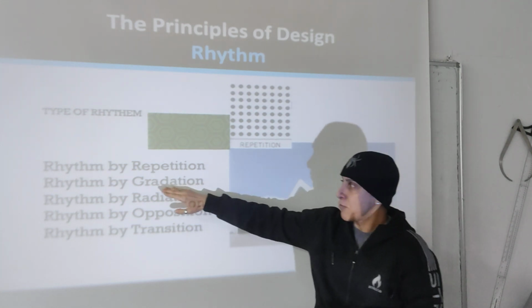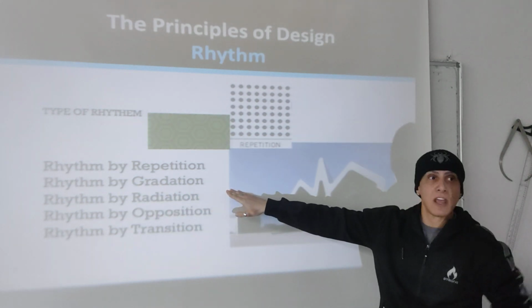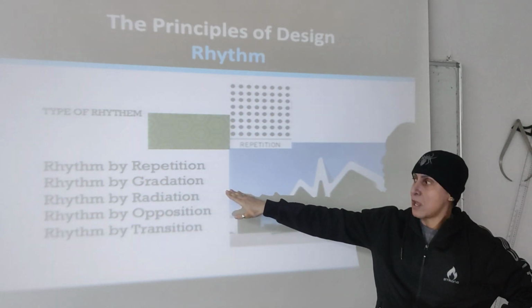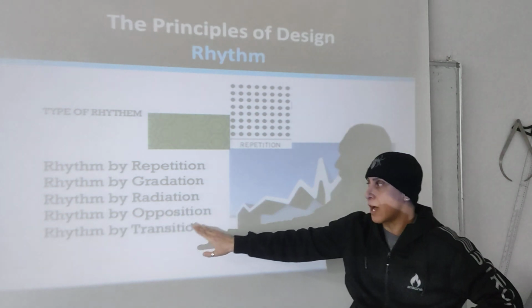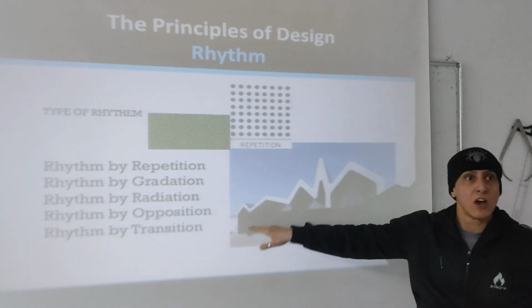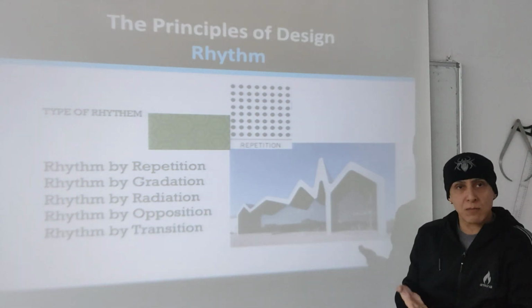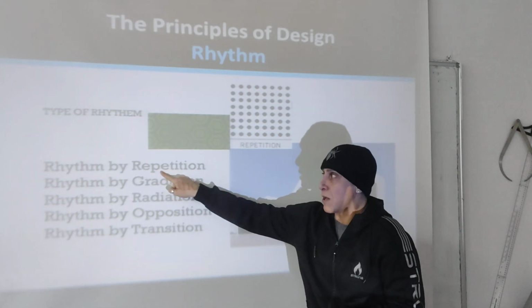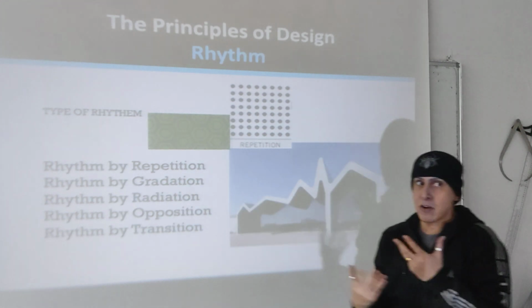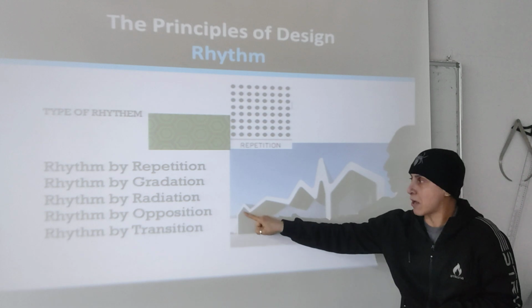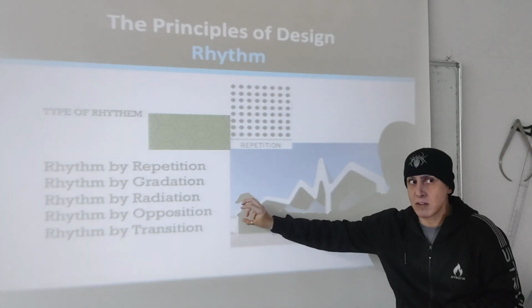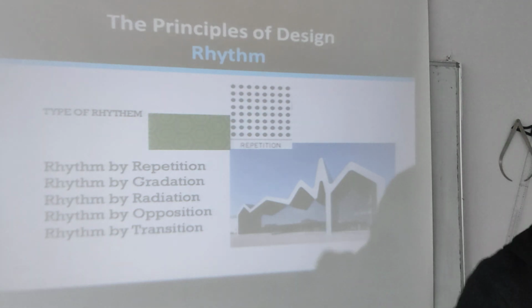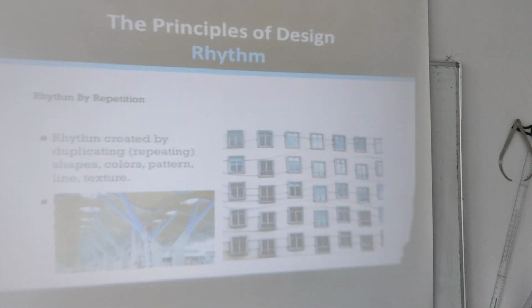But we can have rhythm by gradation also, rhythm by radiation, rhythm by opposition, and by transition. All of these are types of rhythms. All of them have repetition in them, but in different ways. Like this, for example, there is a repetition, but each one is different than the other. Okay? So we will see many examples.